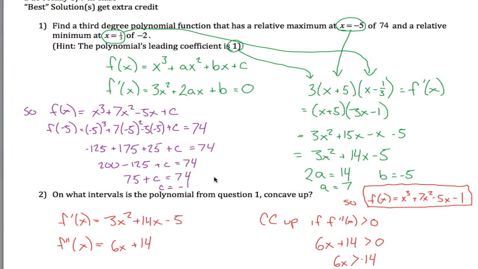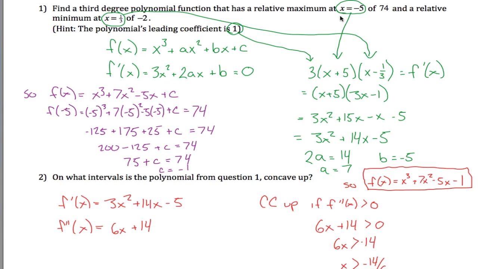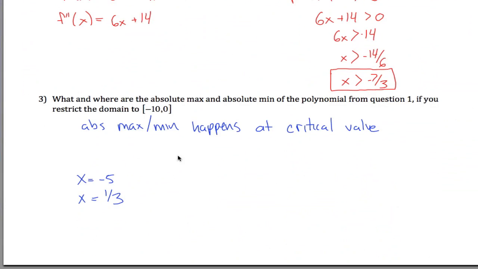Negative 5 and 1/3. So here are my x values. Critical value when x equals negative 5 or x equals 1/3. And we know that at negative 5 the height is 74, and at 1/3 it's negative 2.